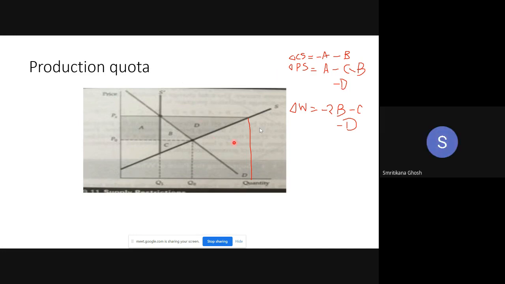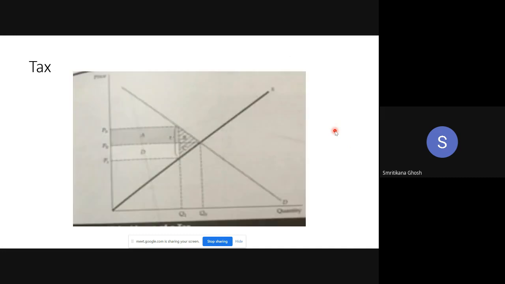So this is the effect of deadweight loss. Look at the amount of deadweight loss. A significant one. Now look, tax. So tax is there. We know how the tax is working. Now, for any type of tax, again I am repeating, whether tax on consumer or tax on producer, ultimately the effect on both of them will be the same.